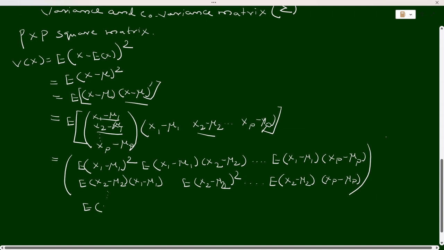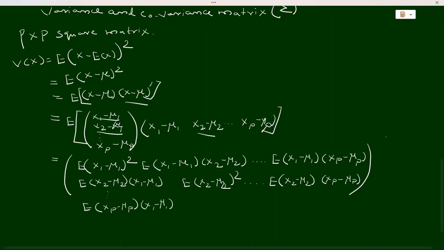For the pth variable, it will be xp minus mu p into x1 minus mu1, and expectation of xp minus mu p into x2 minus mu2, etc. Expectation of xp minus mu p the whole square.